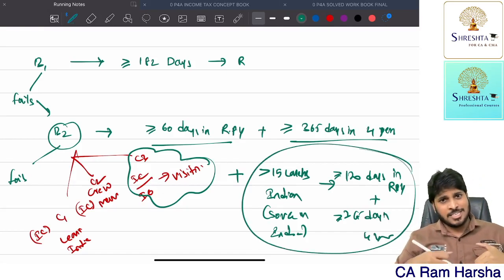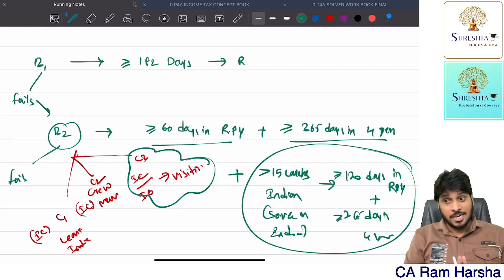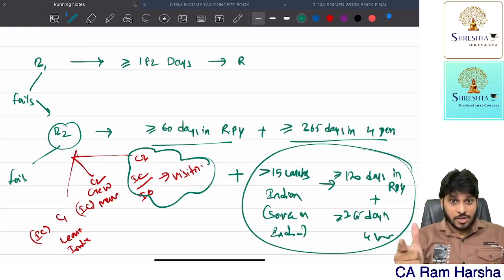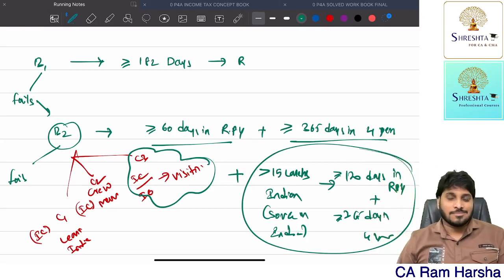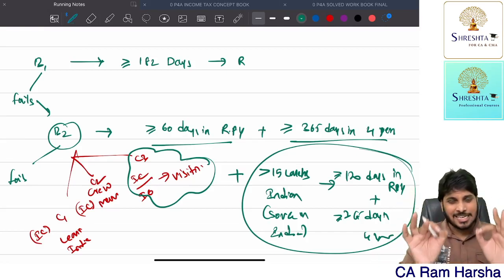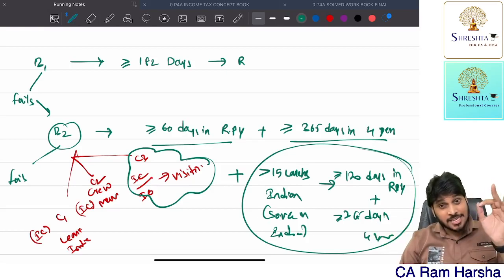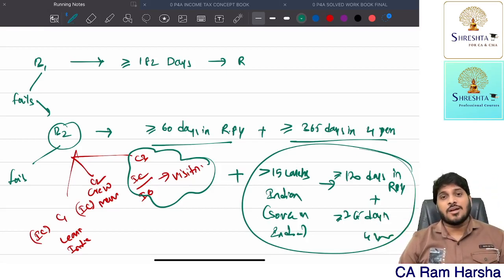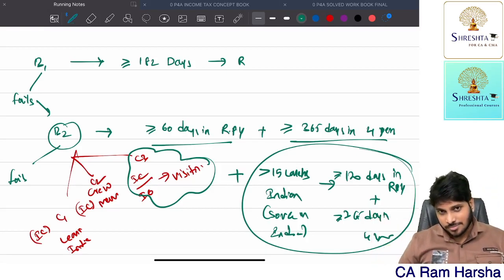See, originally they said B2 does not apply. Now again they said: more than 15 lakhs income, put 120 days, tax them. So this is section 6 clause 1 residential status. I hope you are clear.